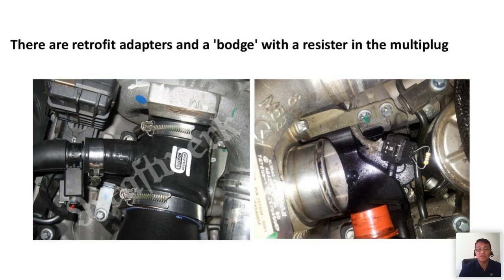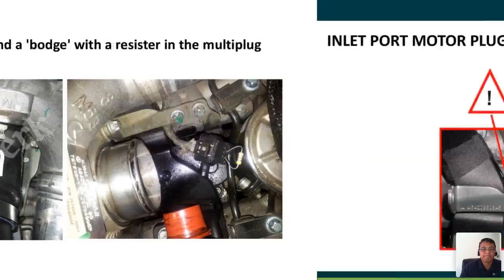I will not advise doing that, because like I said, you're not rectifying the cause of the complaint. So the main solution is really to remove the turbo and replace that inlet port shaft motor and rectify the oil leak from the turbo seal.